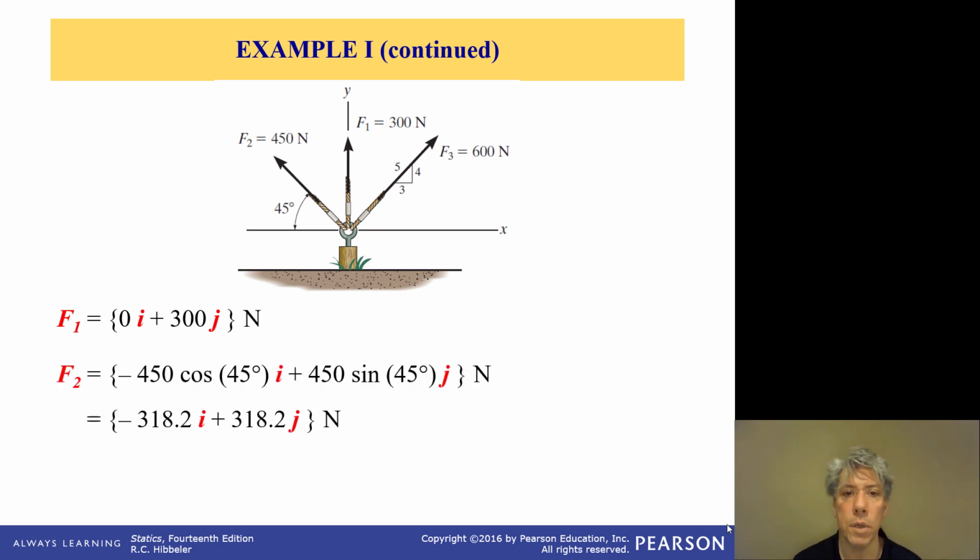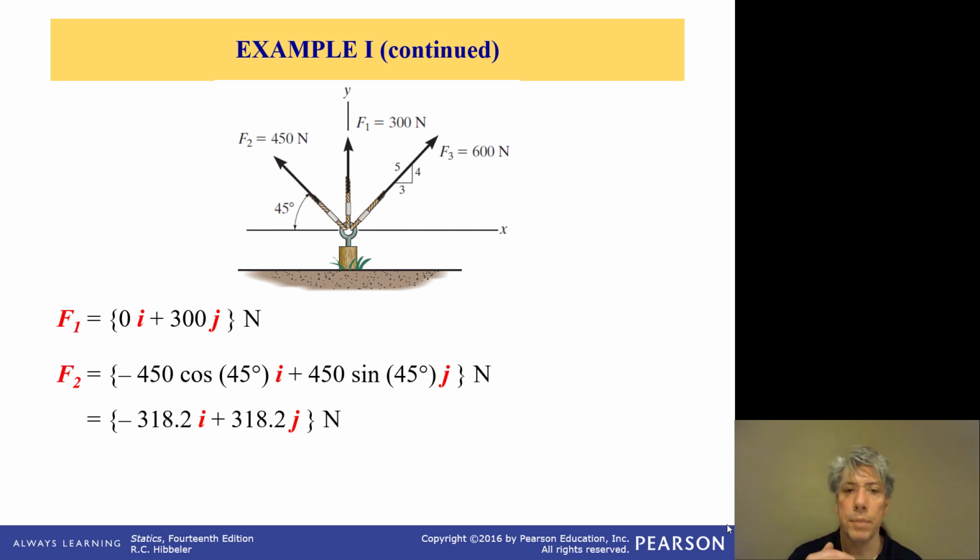And then F2, you notice, is the one off to the left. So here we have to be a little bit careful and make sure that we're using sines and cosines appropriately, but we are measuring from the x-axis, so the horizontal component is going to be the cosine component, thinking of F2 as the hypotenuse of a right triangle. So we'll have negative 450 times the cosine of 45 to indicate that it's in the negative i direction.